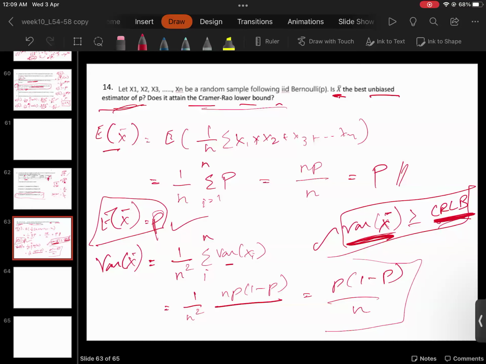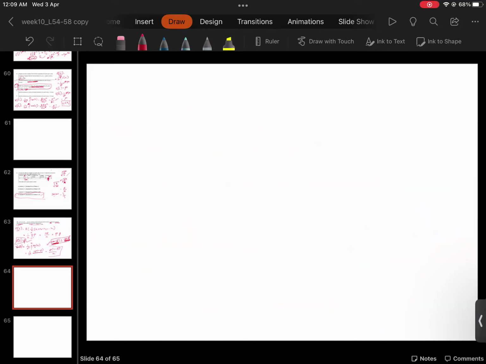Now let's calculate CRLB, Cramér-Rao lower bound. And to do that, first we need to calculate the information of P, the Fisher information. Fisher information of P. So how do you do that?